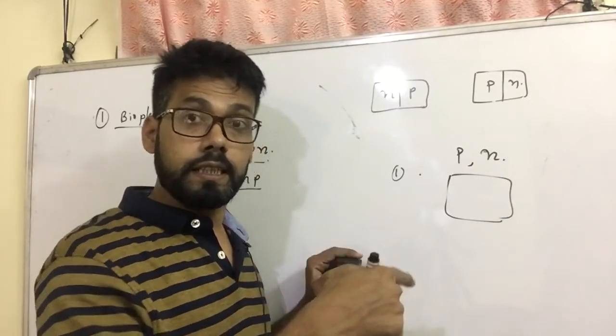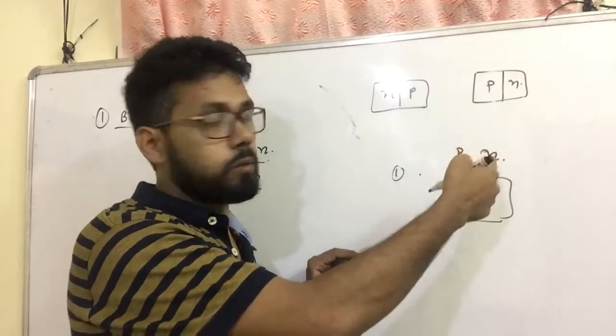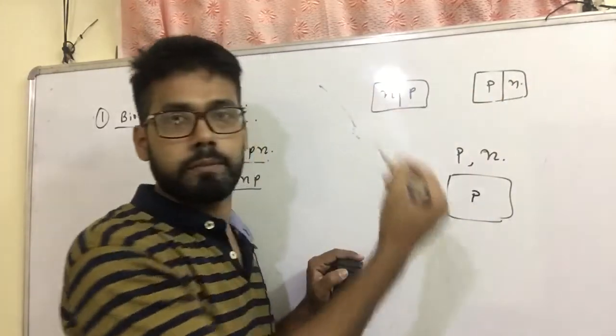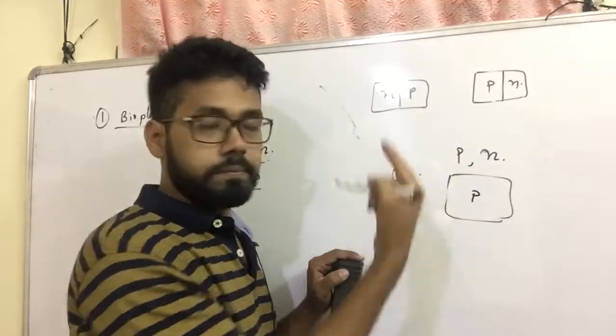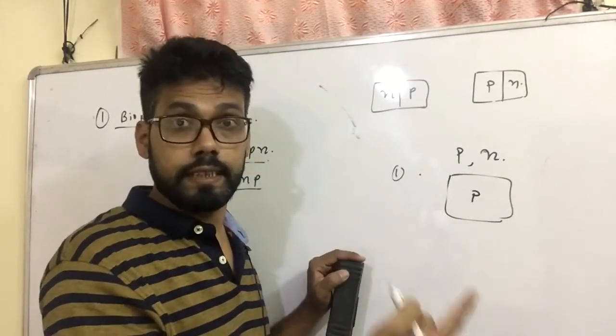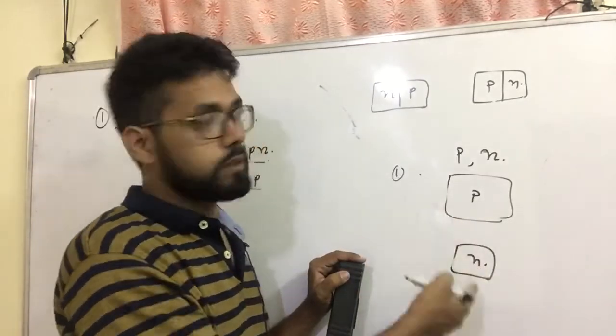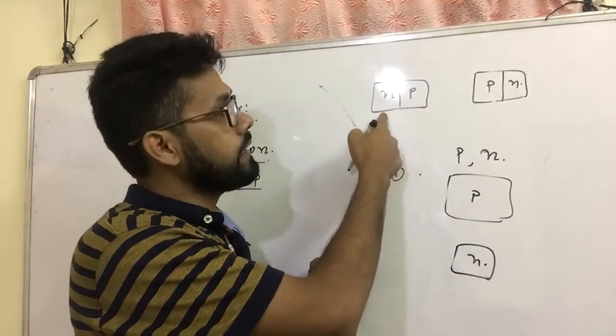If the number of hole carriers is very large compared to electrons, then it is called a P type semiconductor. And if the number of electrons is very large compared to holes, then it is called an N type semiconductor. From that concept we have to study NPN.